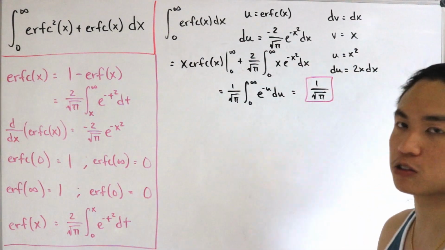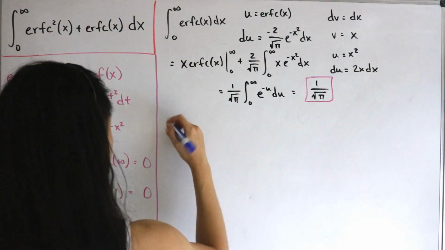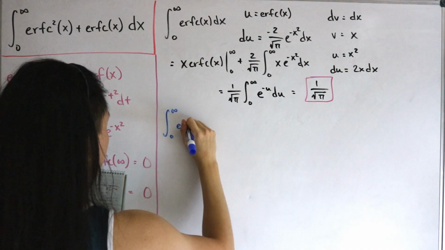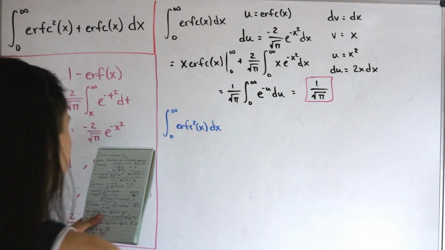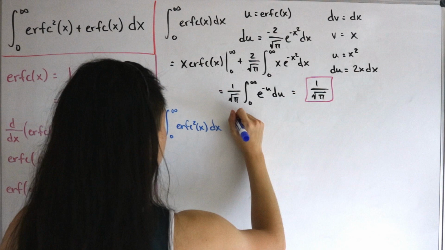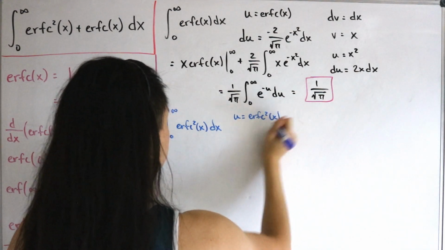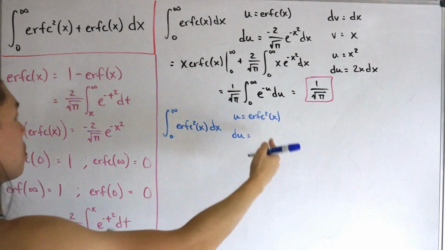And it actually just follows by the same technique that we've just been applying here. So now what we're dealing with here is going to be from 0 to infinity, complementary error function square of x dx. Of course, we do the same thing. We're going to do integration by parts. We're going to let u equals the complementary error function square of x. And so what that means is that du, if you differentiate this, you would apply the chain rule.